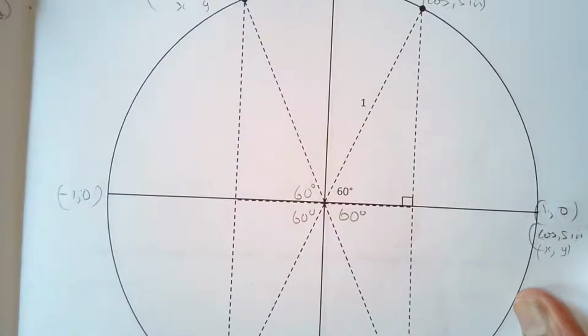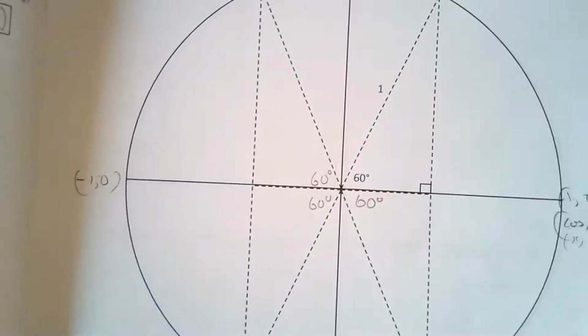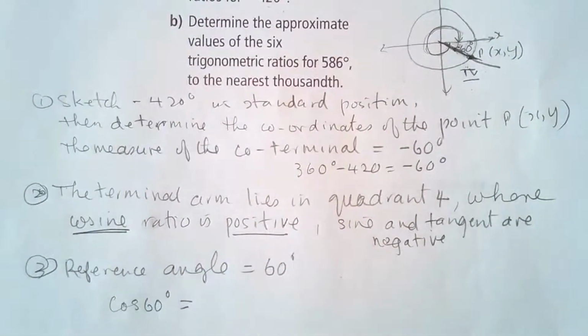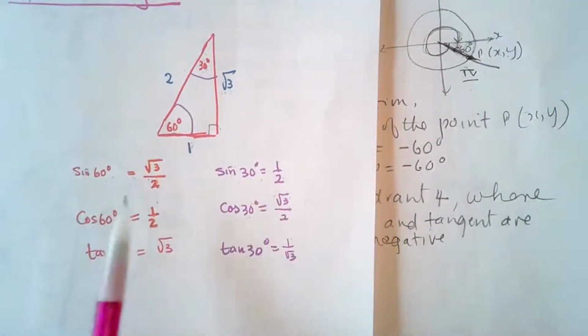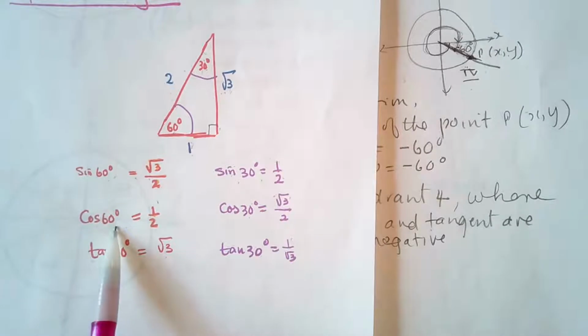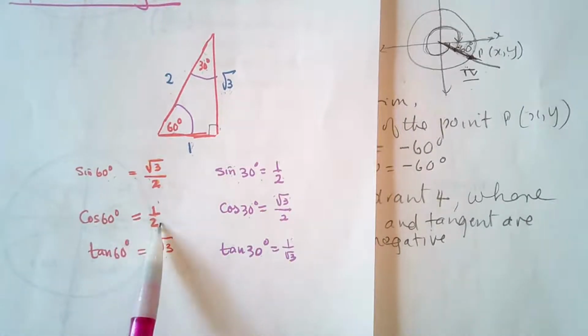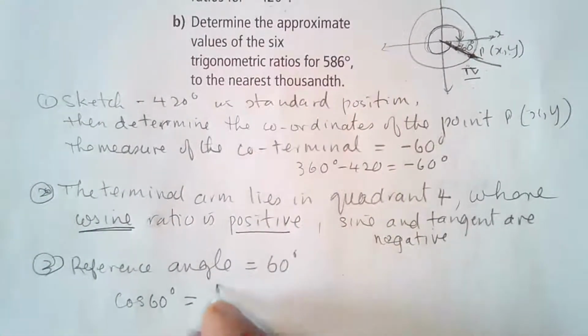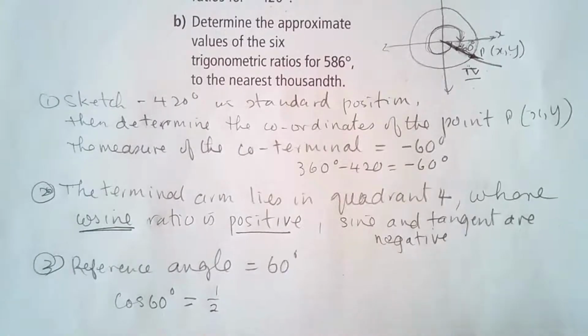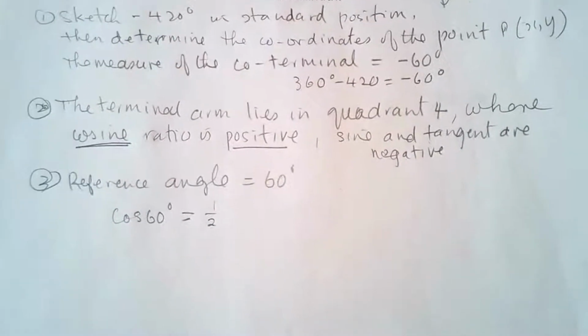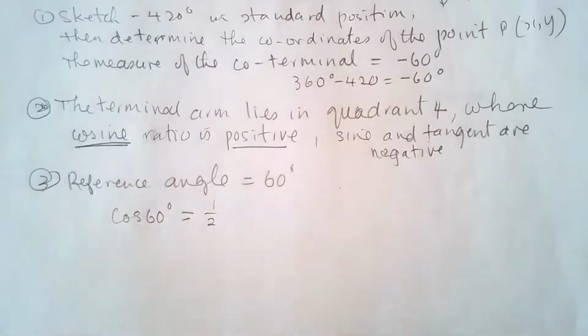I'm referring to this one here, but I'm not going to use this, but use it if you want to refer to it. I'll use a much more compact one. So here we have cos 60 degrees is equal to a half. So now we have a half. Now, by the way, you can use your calculator, but we're not using our calculator here, right? We're using our reference triangle.